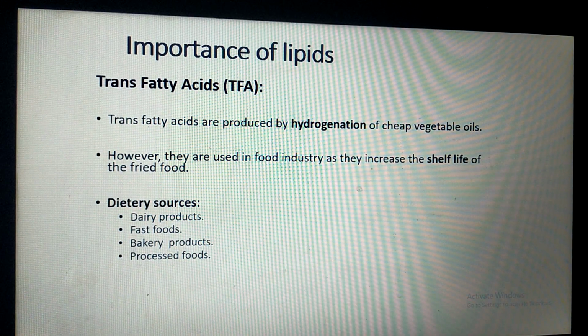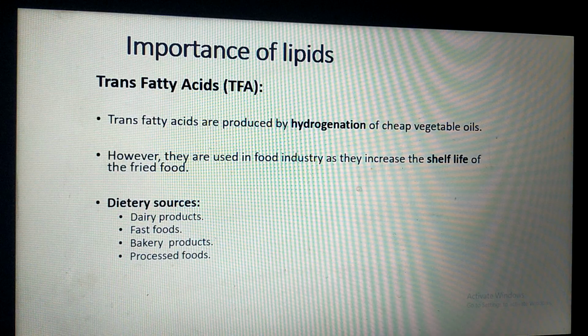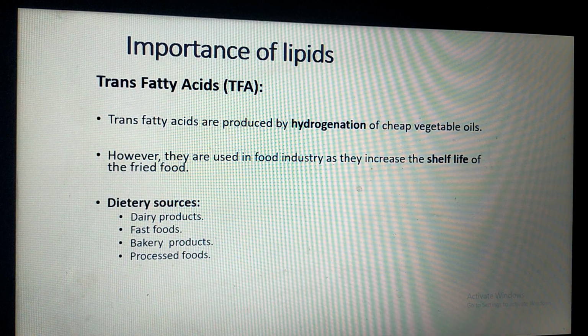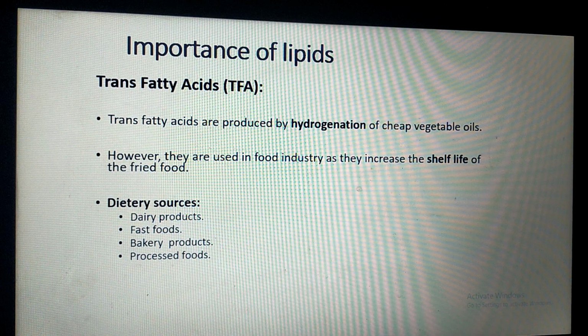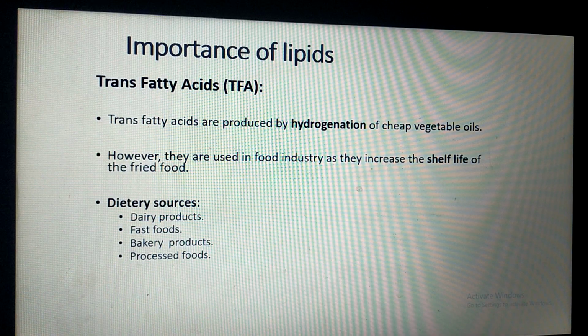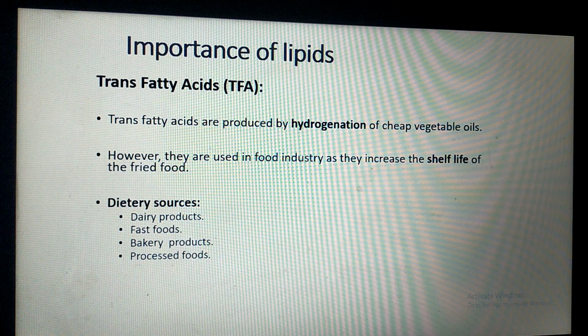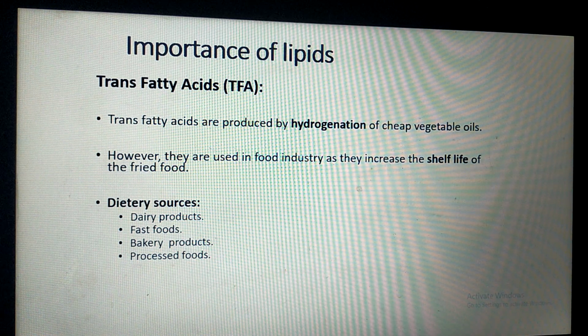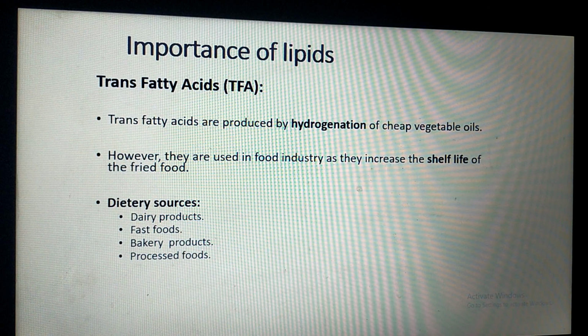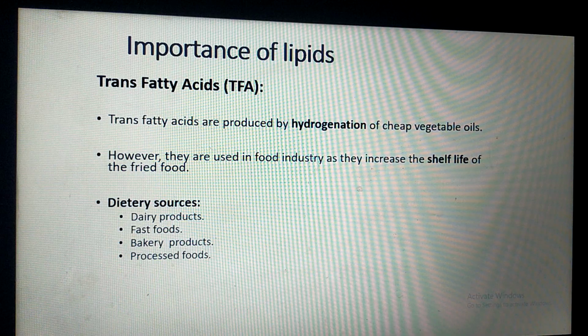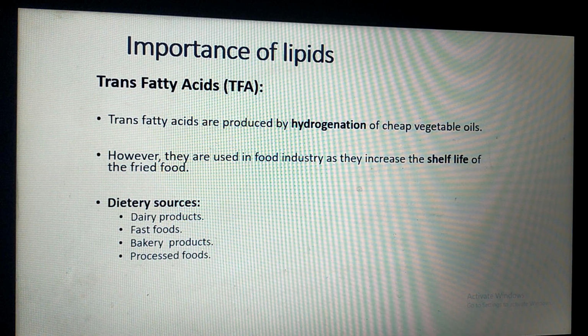Now if you want to increase the shelf life of that vegetable oil, then the double bonds present in it should be saturated by adding hydrogen, and also after hydrogenation the peculiar smell of that vegetable oil disappears.